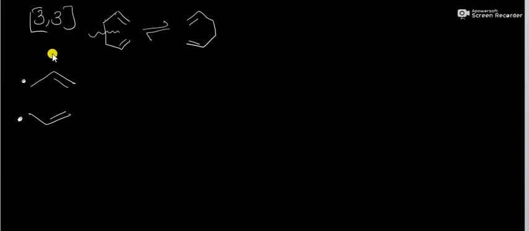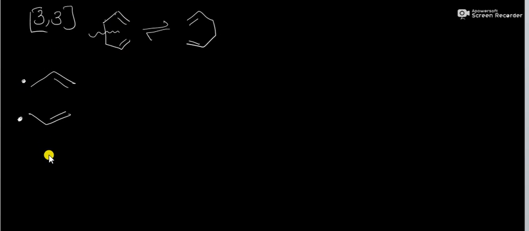Next is 3,3 sigmatropic rearrangement reaction. This is an example for 3,3 sigmatropic rearrangement reaction. That is our Cope rearrangement reaction. Here this diene undergoes homolytic cleavage and converted into two allyl radicals.